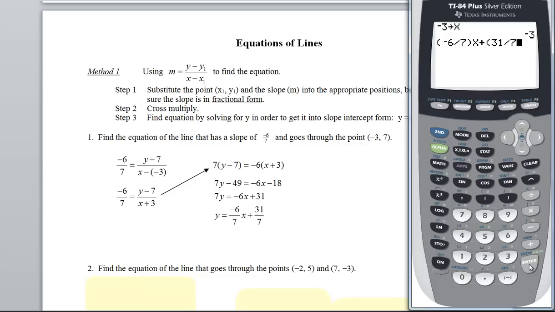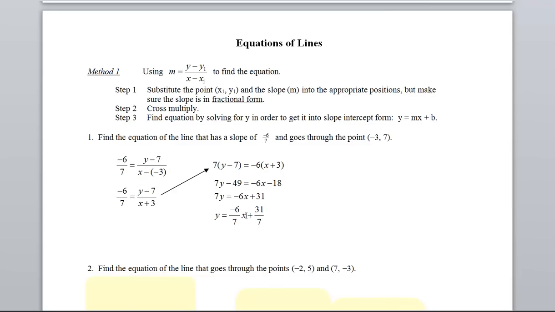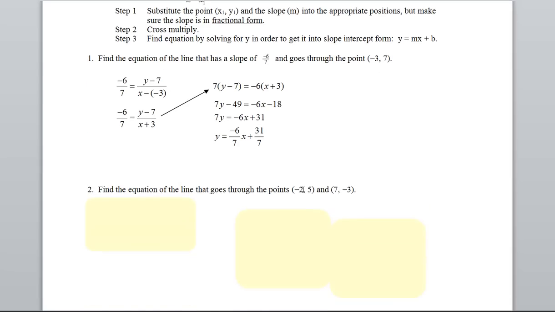And if we come up with a 7 for my y, then I've got the problem right. So you do have a way that you can check yourself. Alright, so I have a slope, I have a point. You have to have that information in order to do the problem.